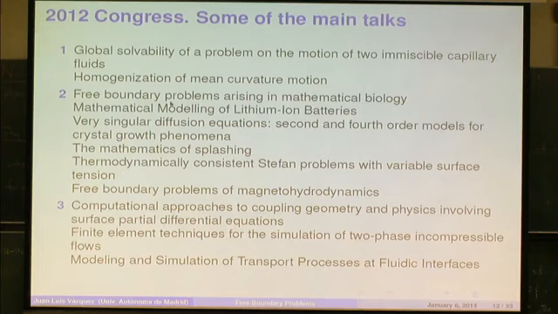Because sometimes the titles are incredibly long, but for instance, computational approaches to coupling geometry and physics involving surface partial differential equations. Now, coupling geometry and physics is what we do all the time. The only news is that they say that on the surface there is a partial differential equation, not only a transition thing.